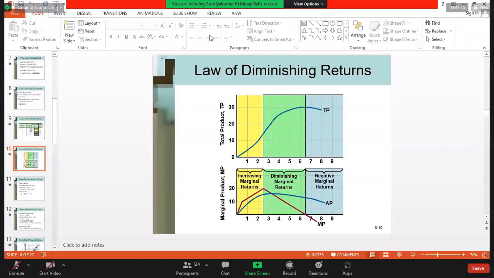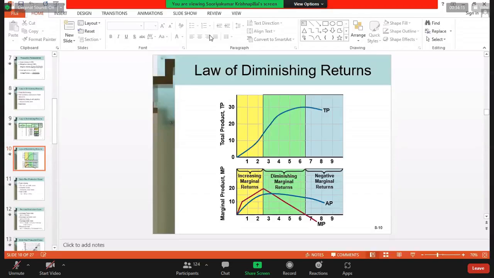So it will not decrease. Total cost and total variable cost continuously increase.